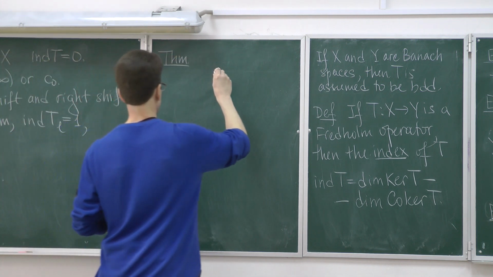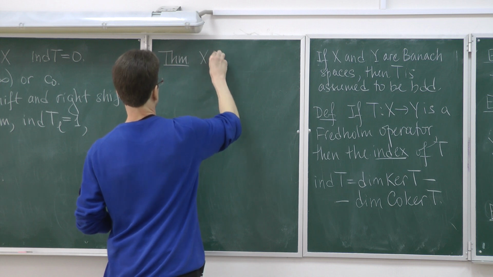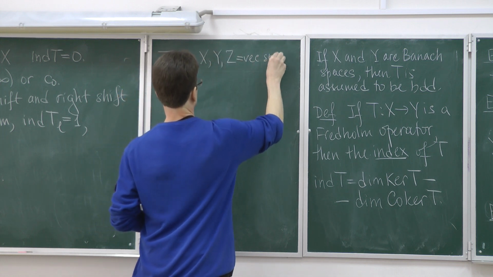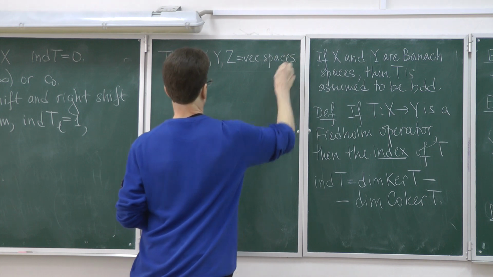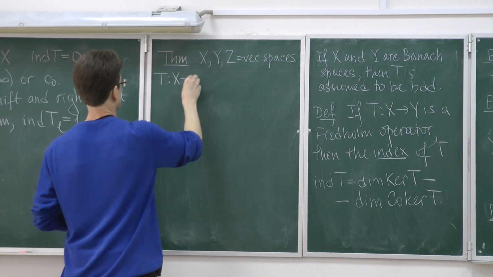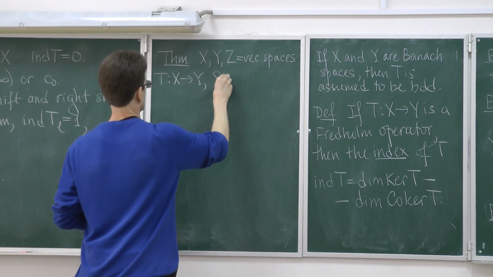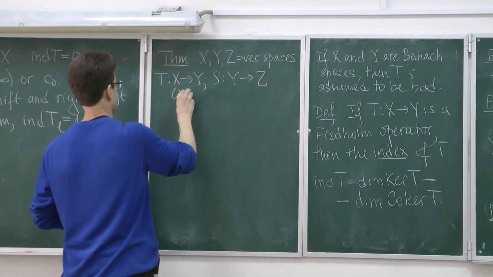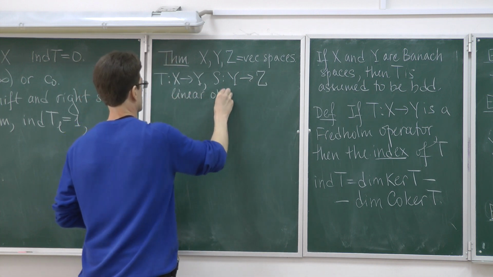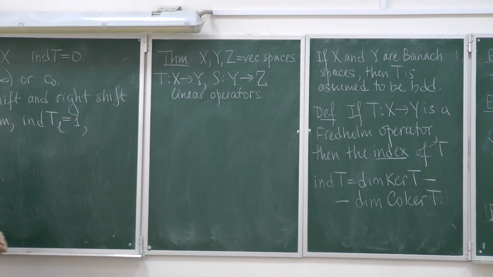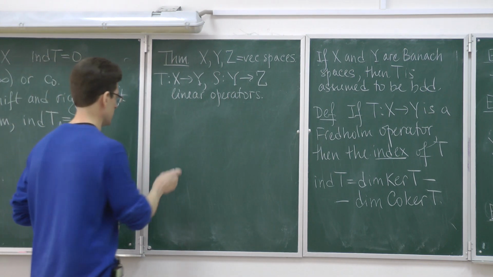Suppose that we have 3 vector spaces, X, Y, and Z, and 2 linear operators, T from X to Y, and S from Y to Z, linear operators. Then we have the following results.